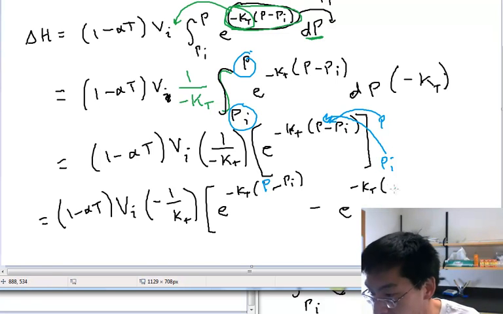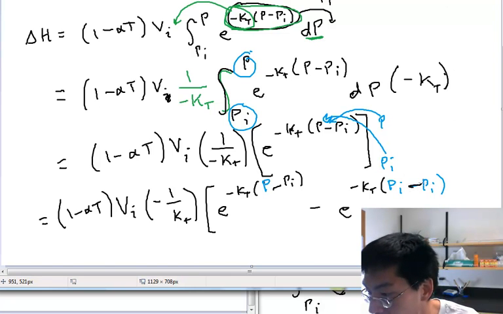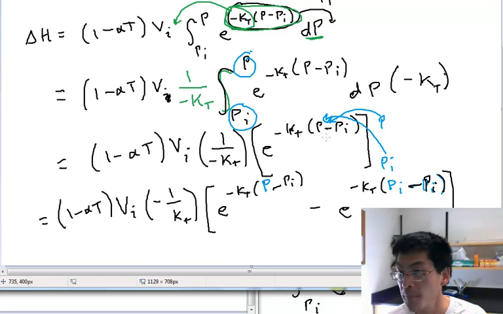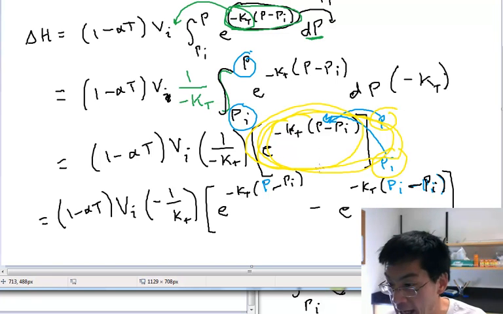And then now I'm going to substitute the pi in for the p, right? Pi. All right. Oops, this had to be in black. Pi. Okay, so this was the result of my integration, right? And because it was a definite integral from pi to p, I had to write this integration answer twice.